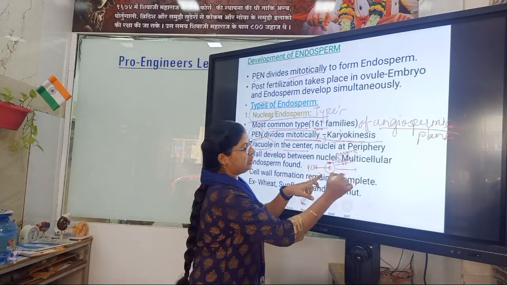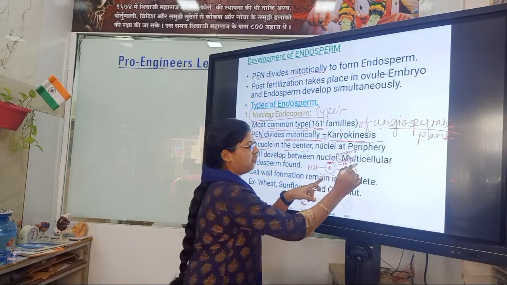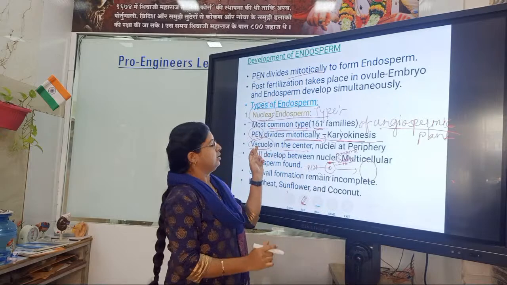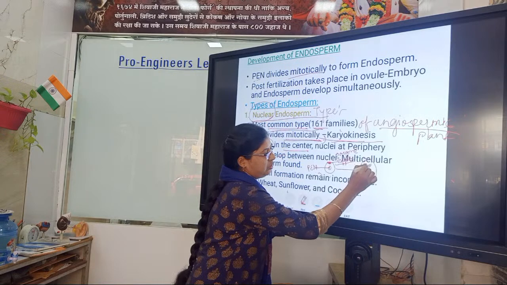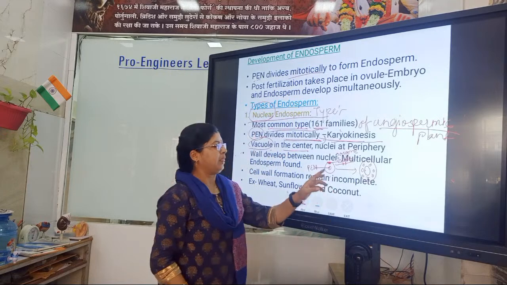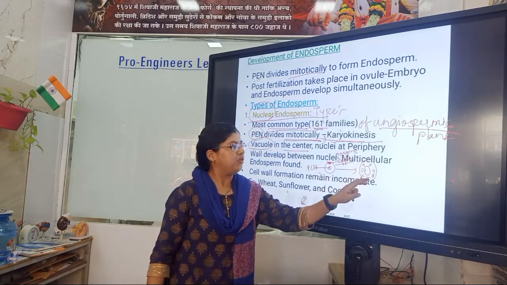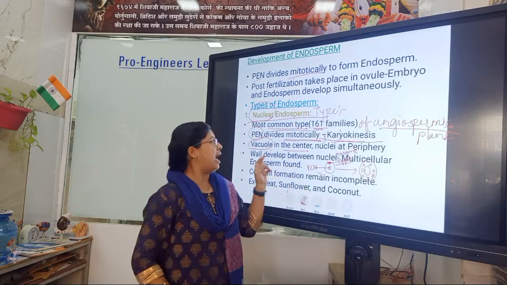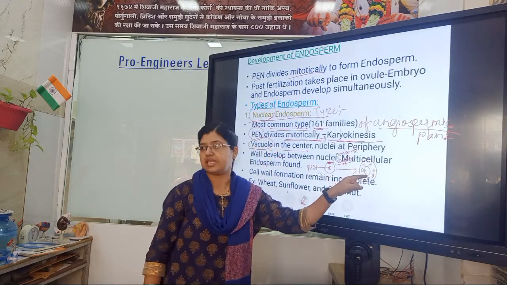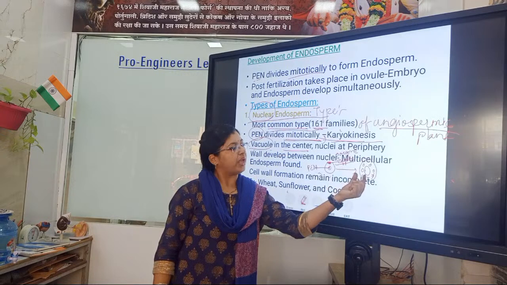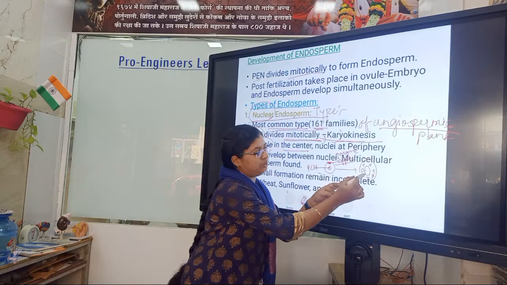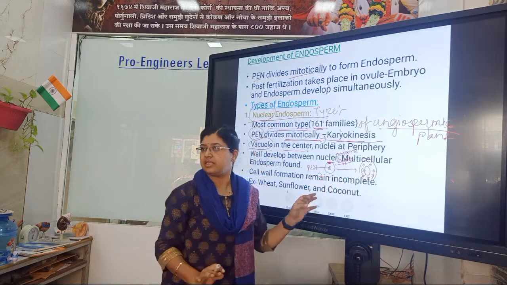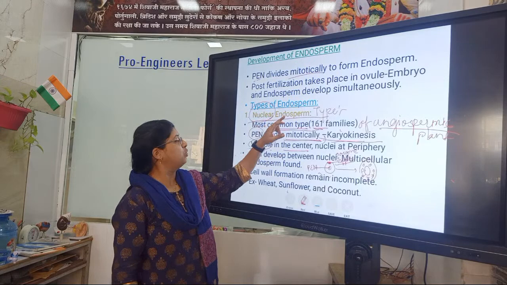This PEN undergoes mitosis and forms nuclei at the periphery, at the outer side, and the vacuole is present in the center. It pushes the nuclei to the periphery. Clear? Okay, this is the nuclear endosperm.